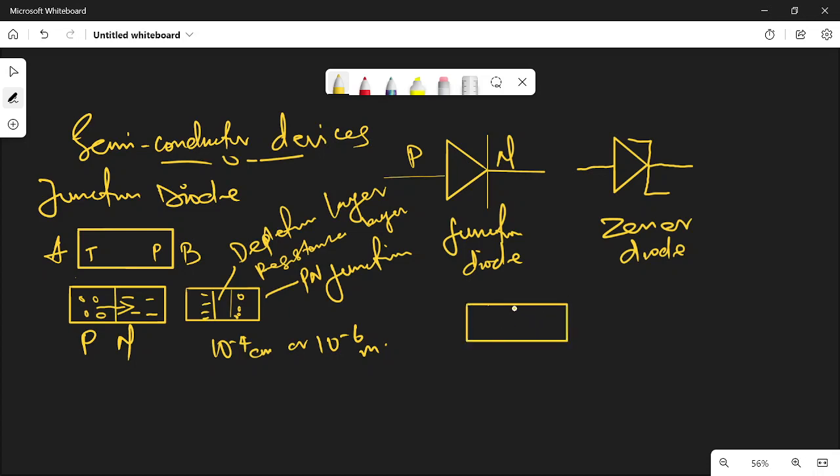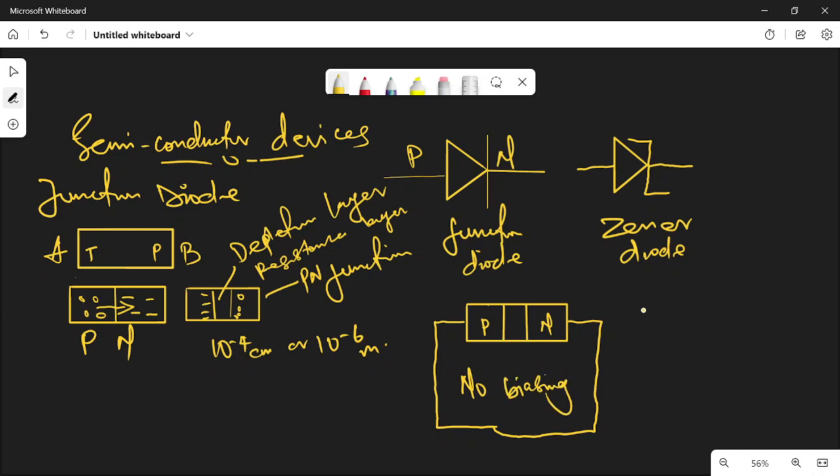If I have this, so let me say I have something like this. So this is P and this is N. If I connect this P type like this, you see, there's no battery here. So when there is no battery, we call it no biasing.